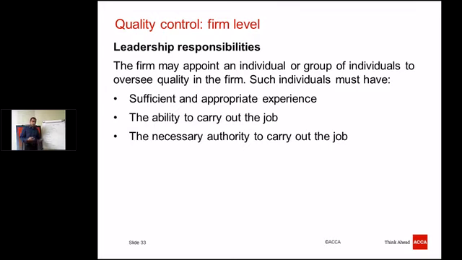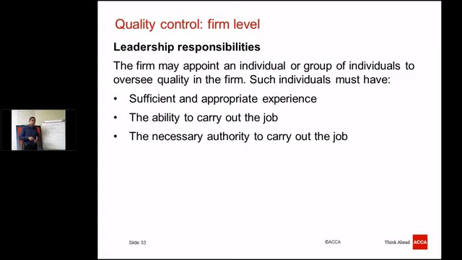Usually you would know from your experiences, if you have with the audit firms, that these big firms usually have a quality department or risk management department, or they call them sometimes QRM department, the quality risk management department, or they could be worded similarly. However, the job that they do is usually similar, and that is to actually make sure that overall the culture of quality is maintained within the organization.